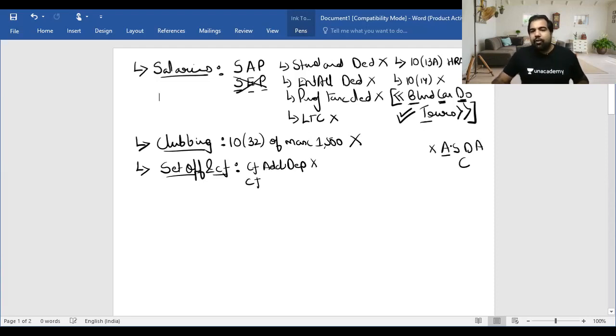If there is any carry forward because of scientific research, that will not be allowed. If there is any carry forward because of specified business, that will not be allowed. Carry forward under 10A never happens, and carry forward under C series also does not happen. So if these are the things, it will not happen.